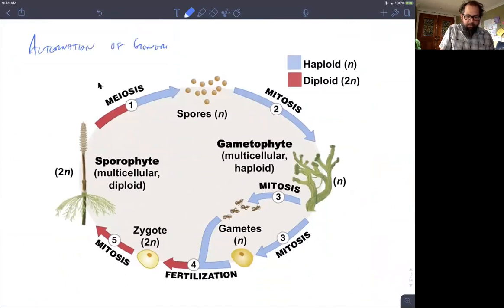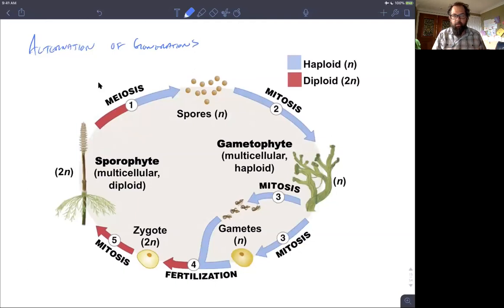That alternation proceeds between the haploid gametophyte stage of the life cycle that produces gametes, and the diploid sporophyte part of the life cycle that produces spores from meiosis. And remember the alternation between those two stages in the life cycle.